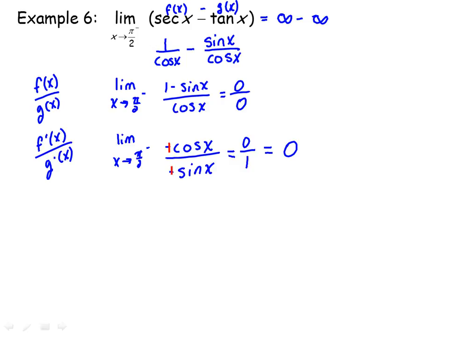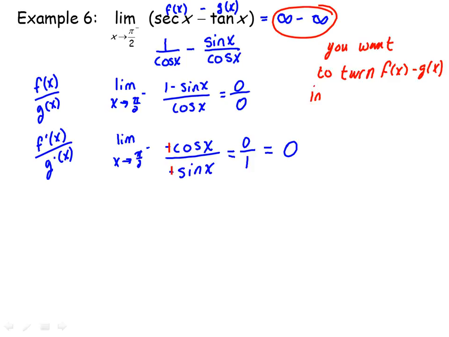Is there any other way to do that? If you come up with a difference form, your goal is to turn f of x minus g of x into either a product or a quotient. Those are infinities because you have a constant.